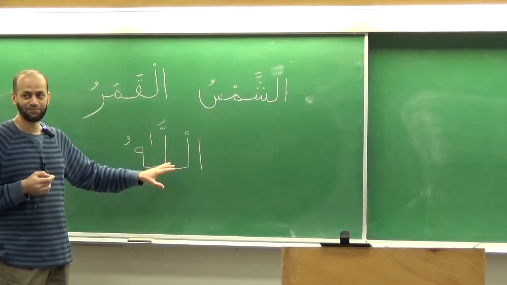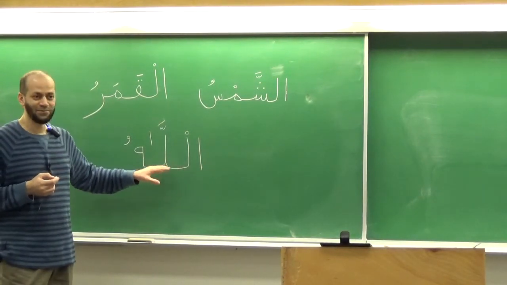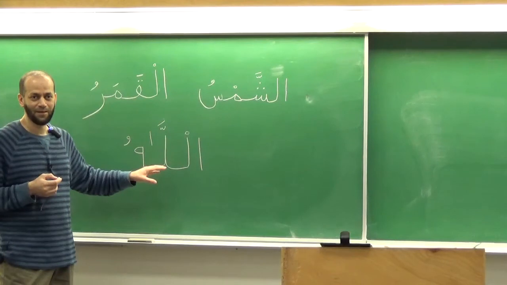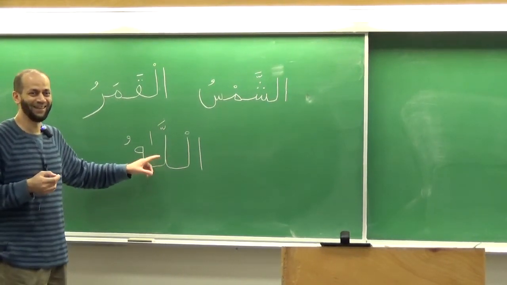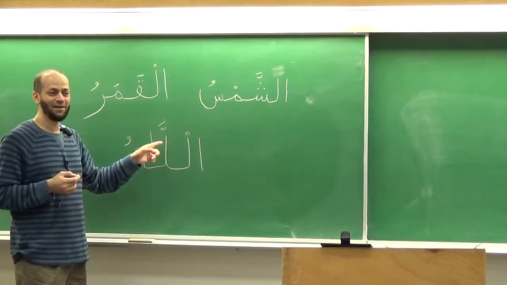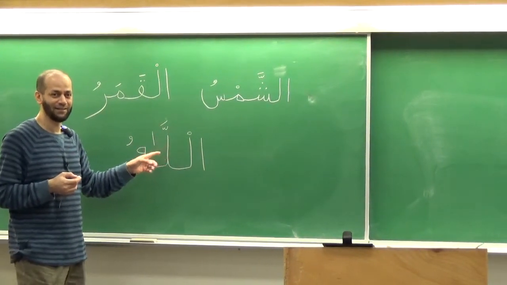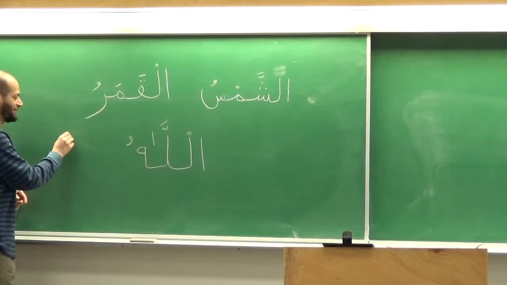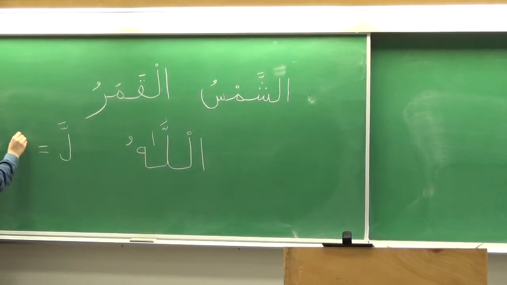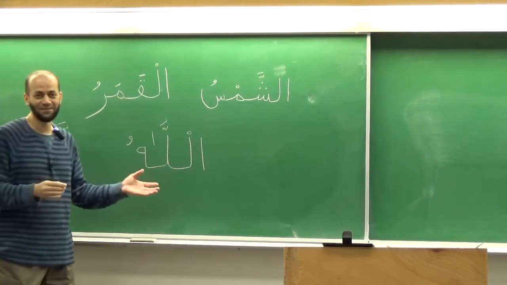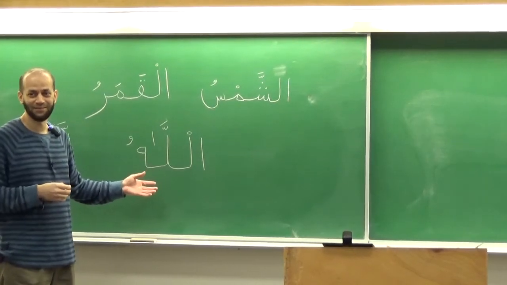So in this word, how many lams do we have? We have two, at least, if not three. Because remember, the lam with the shadda is two lams, like this. Which means that in this word we have three lams.